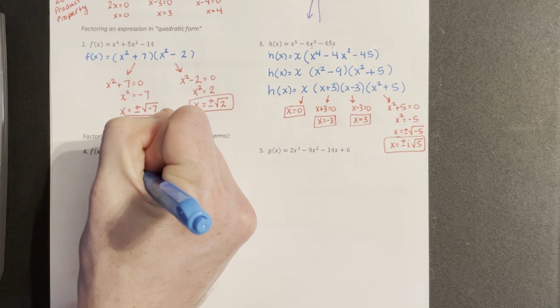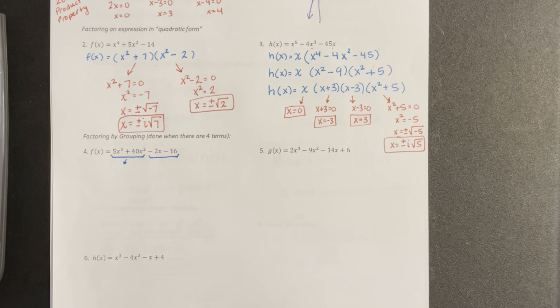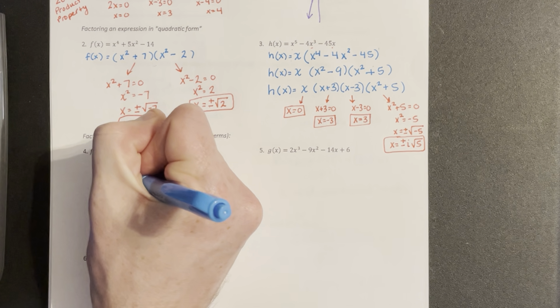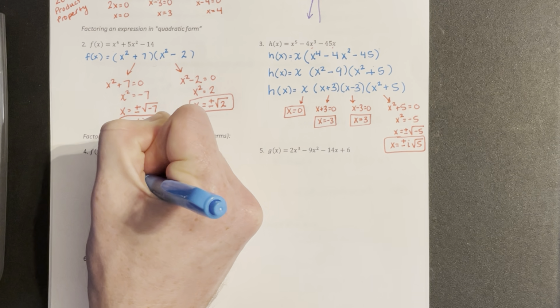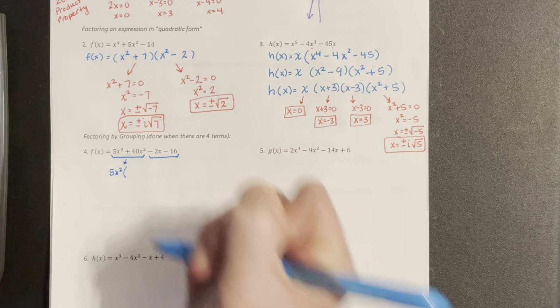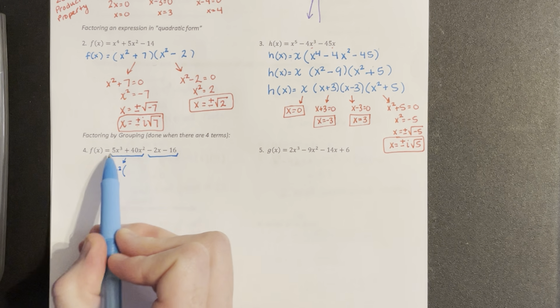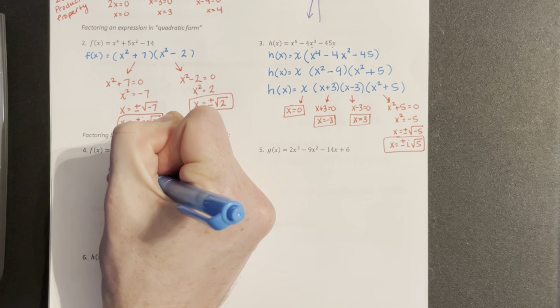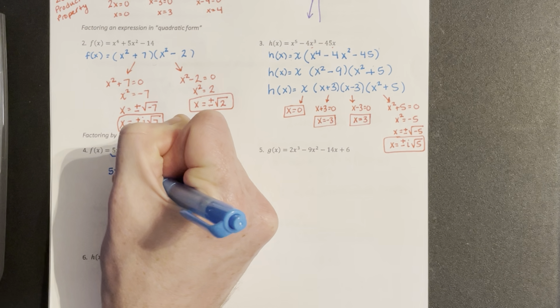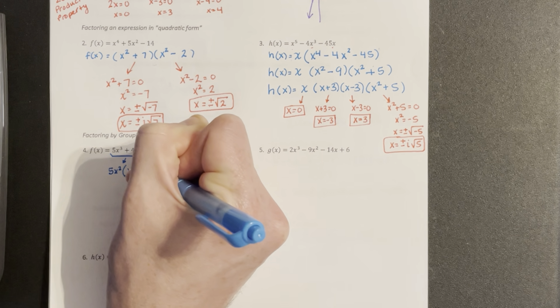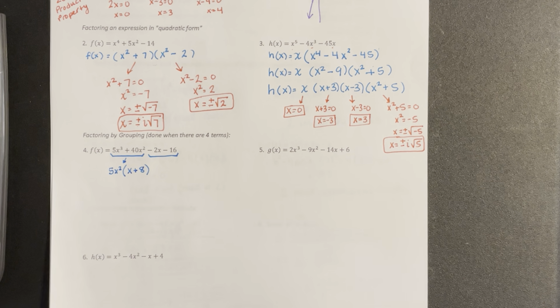And in this pairing, 5x cubed and 40x squared, I can factor out a 5x squared. So that would be what is considered our GCF for the first pair of values. It's going to have an x plus 8 left.